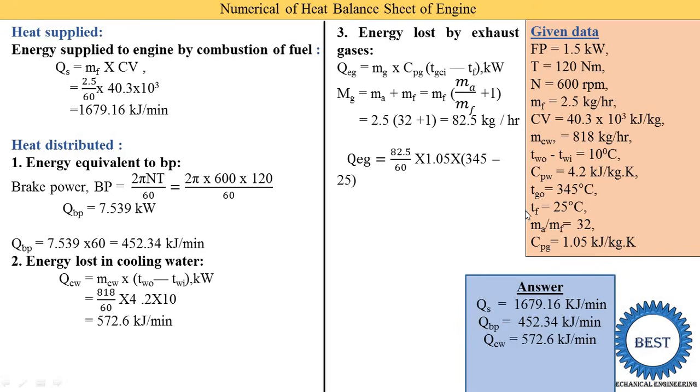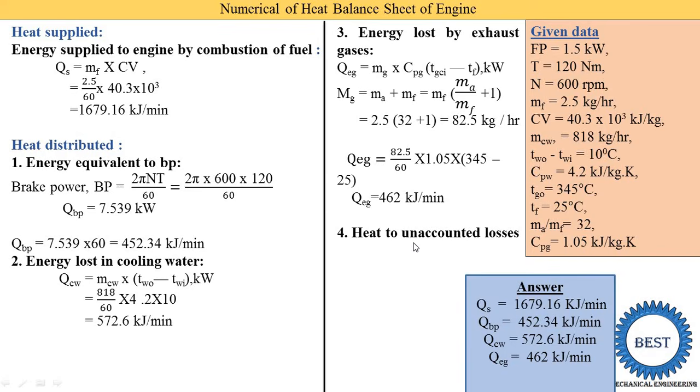So it is 345, atmosphere temperature is 25. Both are in centigrade. We need to convert to Kelvin, but since it is a difference, it is taken the same. So QEG is equal to 462 kilojoule per minute. It is written here, 462 kilojoule per minute.